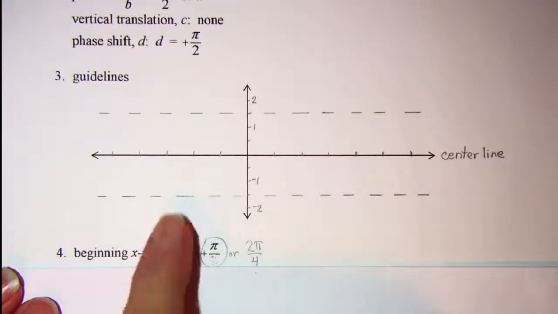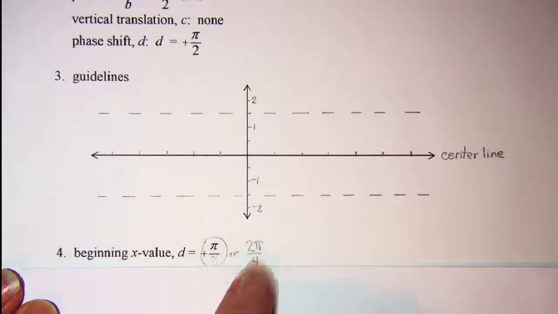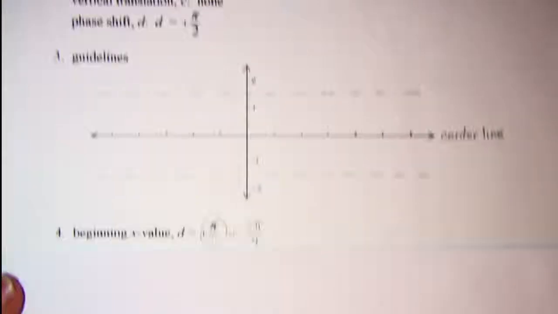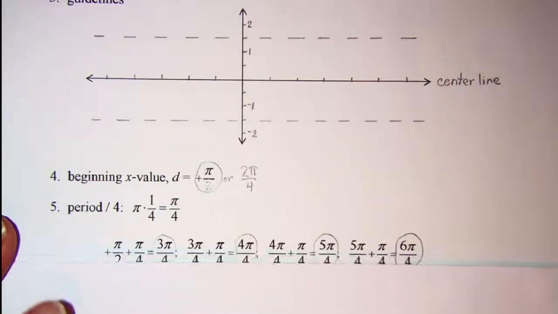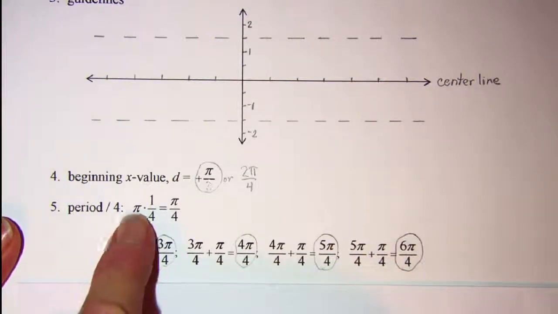Our beginning x value is the value of d, which is our phase shift. So we have pi over 2, which I wrote as 2 pi over 4, and you'll see why in just a minute. Then we want to take our period and divide it by 4. Our period was pi, remember?